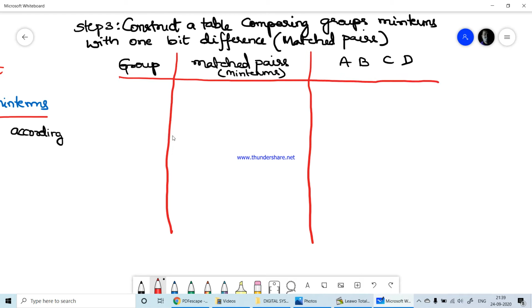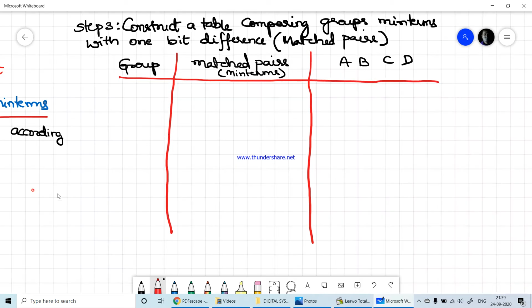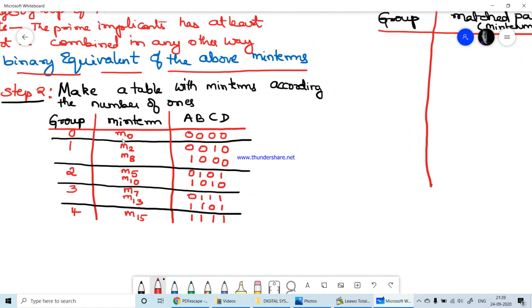Now we'll see how to get the matched minterms. We compare group 0 with group 1, and we see the bit position where the bits are different. We should see only one bit difference, not more than 1 bit. If you see M0 and M2, M0 is 0 0 0 0 and M2 is 0 0 1 0, so there is only 1 bit difference.